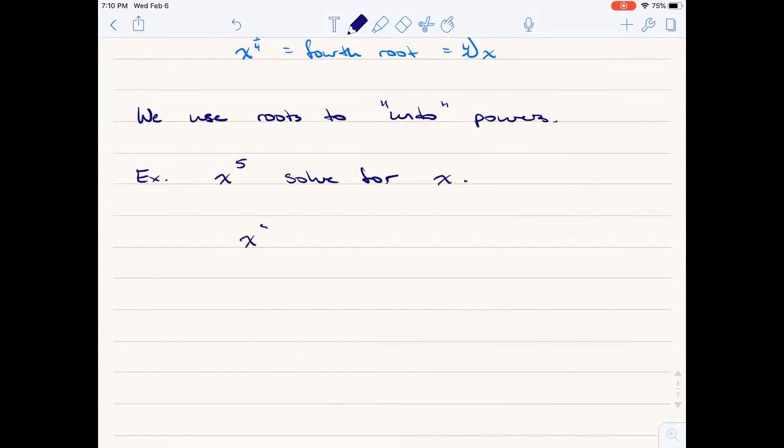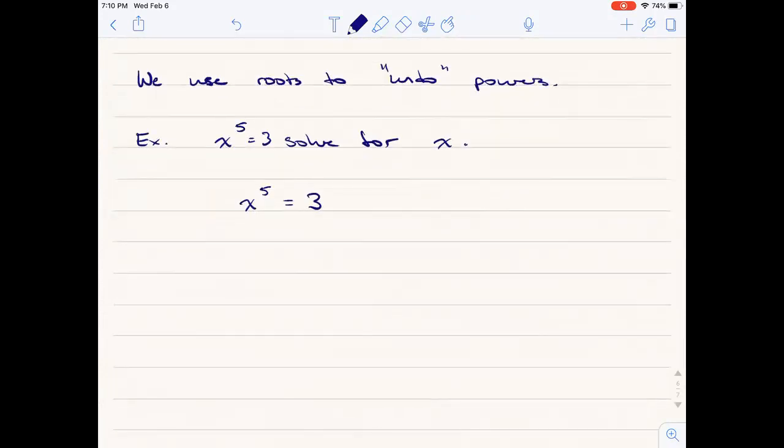So if we have x to the power of 5, let's say x to the power of 5 is 3. That'll make it a little bit easier to deal with. x to the power of 5 is 3, solve for x. It's easier when you don't have a floating value.